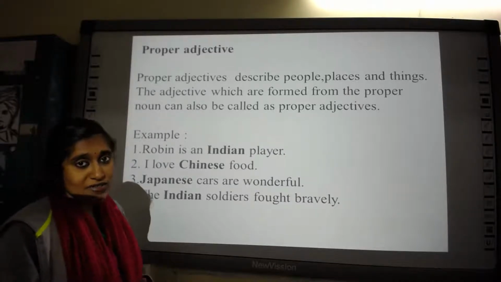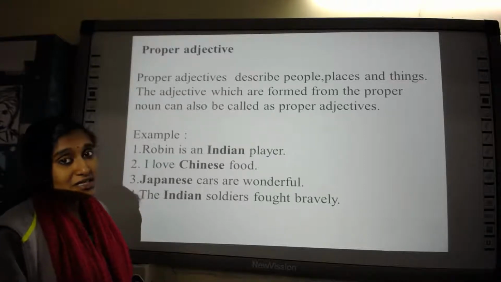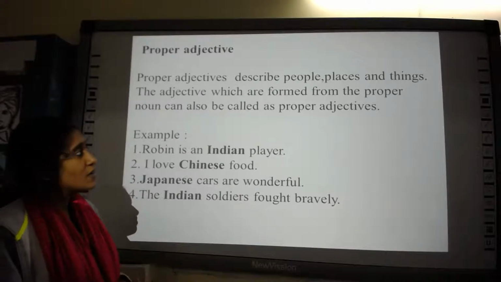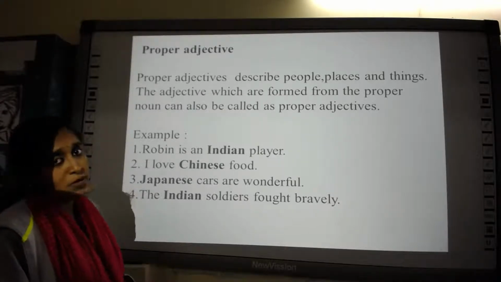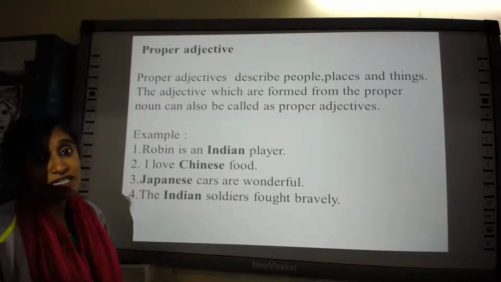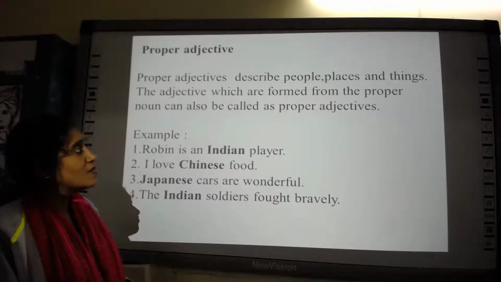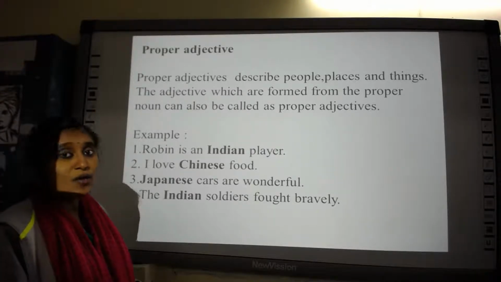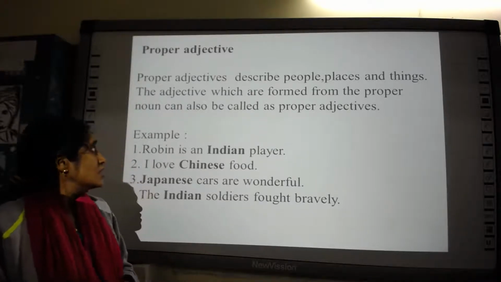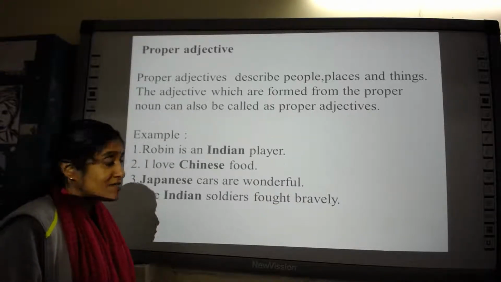The adjectives which are formed from the proper noun can also be called proper adjectives. In the last class we studied about proper nouns, so that can be called the proper adjectives.